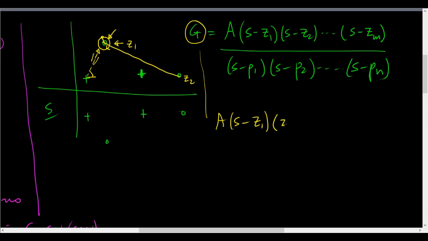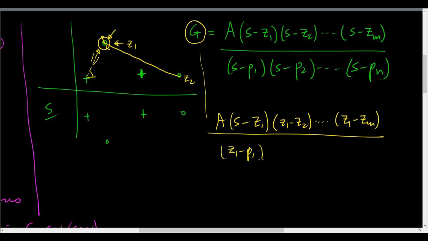So Z1 minus Z2, Z1 minus Zm, Z1 minus P1, Z1 minus P2, Z1 minus Pn.